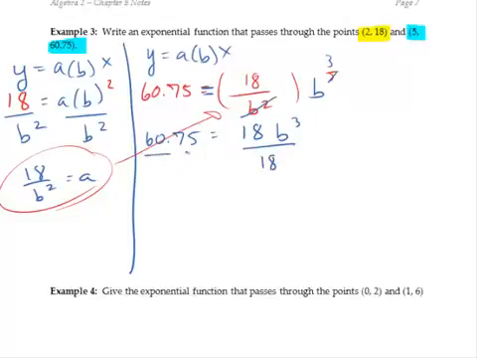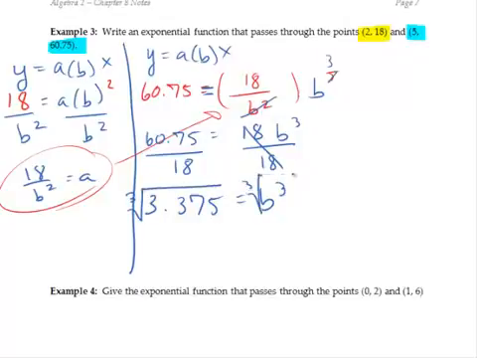Divide both sides by 18. So 60.75 divided by 18 is 3.375 equals b to the third. Now we have to get rid of that third, so we're going to take a cubed root of both sides. So cubed root undoes the third.